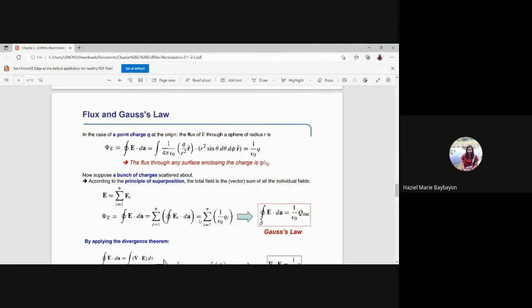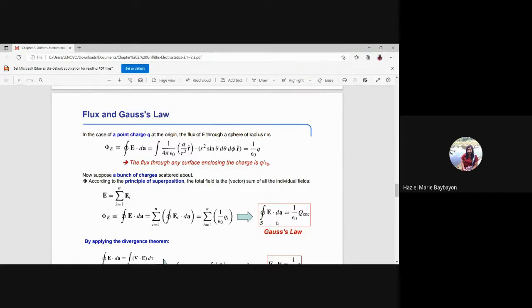Or it is just the same as summing up all the Q over epsilon naughts. For example, we have Q1, Q2, Q3, and Q4. So you have Q1 over epsilon naught plus Q2 over epsilon naught plus Q3 over epsilon naught. So it is the same concept as superposition.